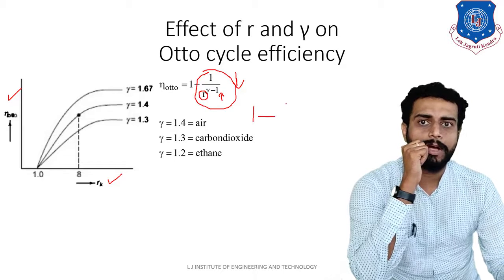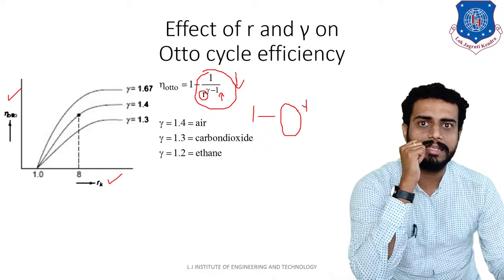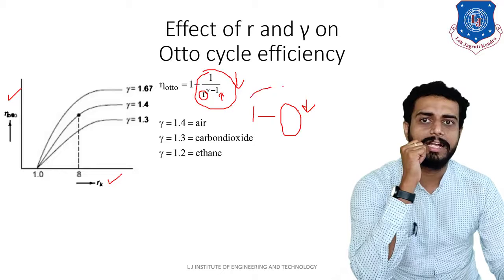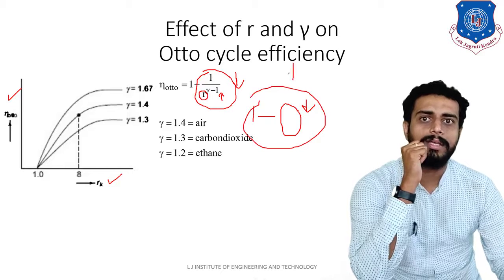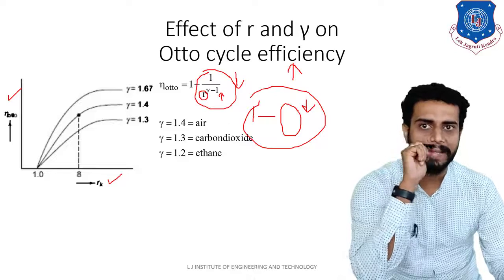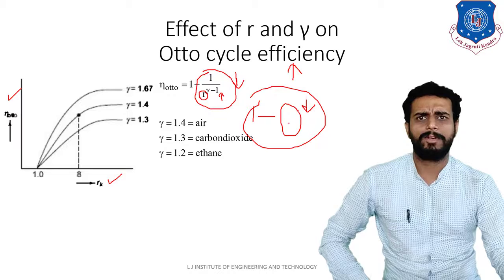Now you have 1 minus this whole term. Now see, this whole term is decreasing. So that means 1 minus this whole term is increasing. That means your total overall term will increase. Okay, you have to think this logically. So keep that in your mind. You can take an example of anything.